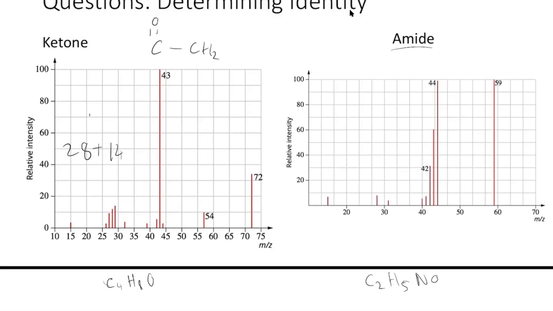Again, this isn't quite 72, so we still need to add more. So that's CH2 on this side as well, and that's another 14, but that still isn't enough. So 28 plus 14 plus 14 is equal to 56.